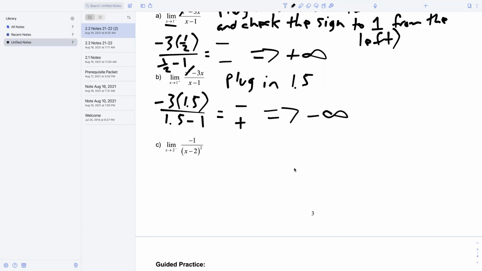It's approaching 2 from the negative side. But actually I don't need to do that in this case because the numerator is always negative. It's always -1. What about the denominator? It's always positive because it is squared. Negative over positive, therefore, this has to be negative infinity.